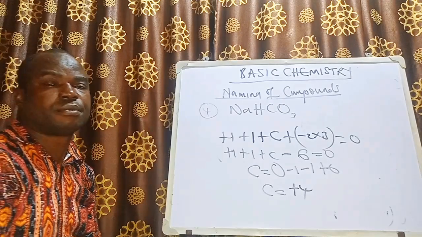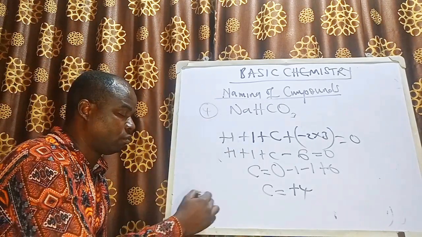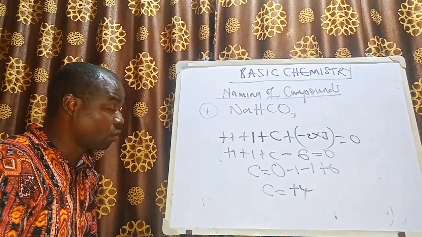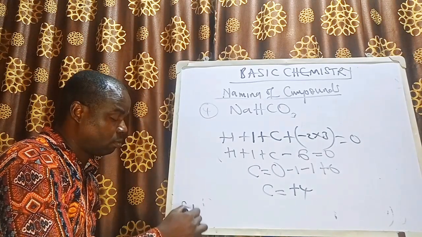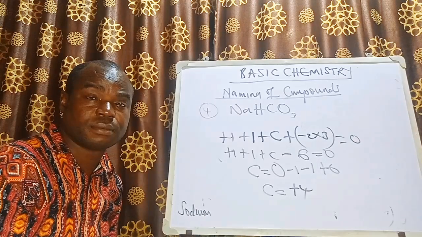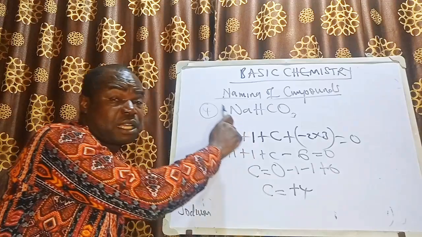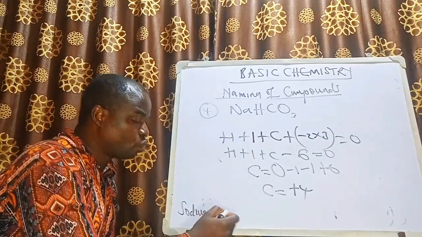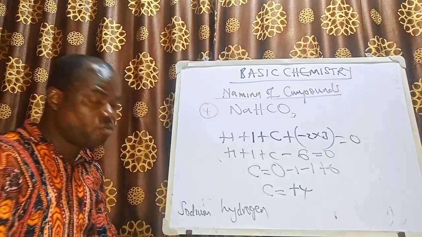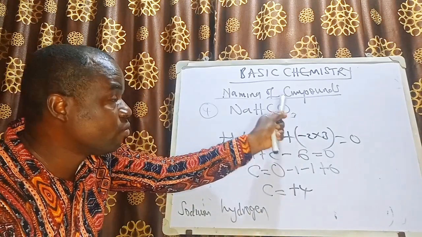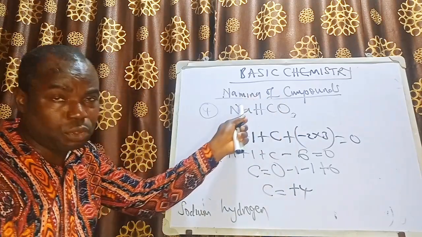Now what is the name? The name will now be, I first have sodium here. I have sodium. Now this hydrogen, after the sodium, we call the hydrogen sodium hydrogen. You now call this one trioxocarbonate.